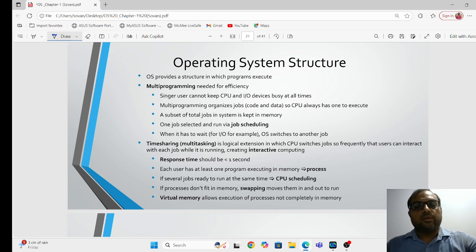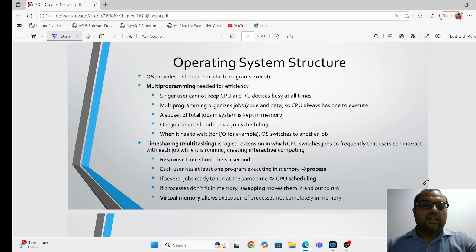Suppose one process is waiting for a longer time, or is moved to I/O operations, then another process gets the chance. So this switching happens. The CPU is sent for execution, the job goes to the I/O state, and the CPU can select another job from the waiting state for execution. With multi-programming, all these things are easily resolved.